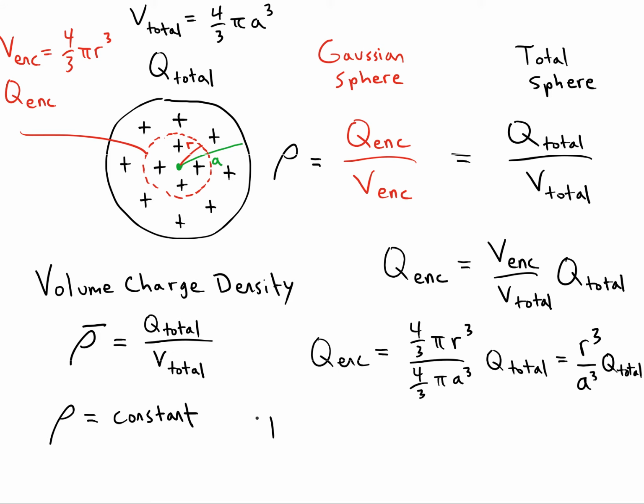Finally, I'll use Gauss's law, that the electric flux through my red Gaussian sphere will be equal to the charge enclosed by it over epsilon naught. I'll replace the charge enclosed with this expression here.